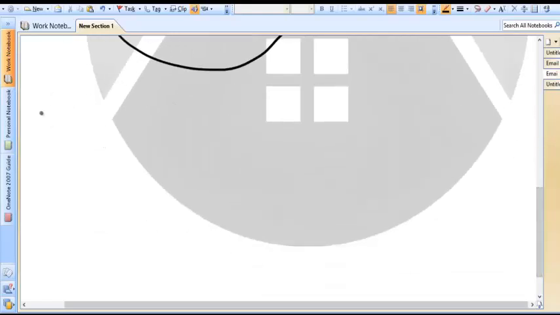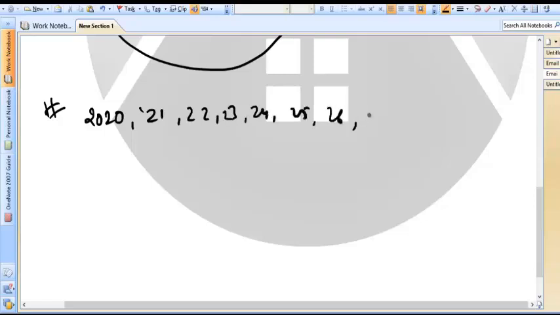So if somebody is asking you the 2020 calendar, when will this calendar repeat? So again 21, 22, 23, 24, 25, 26, 27 and so on. So here I'll write 2, 1, 1, 1, 2, 1 and so on.